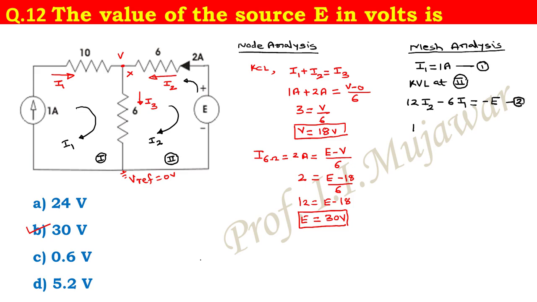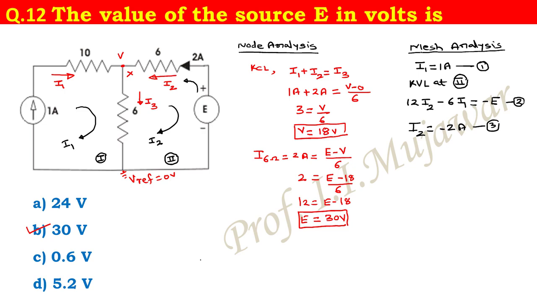This is equation 2. Now again, if you observe loop 2, we have assumed the loop current clockwise of value I2, but this source is delivering the current of 2 ampere in the anti-clockwise direction. That means from inspection, I2 is equal to minus 2 ampere. Already you have I1 as 1 ampere.